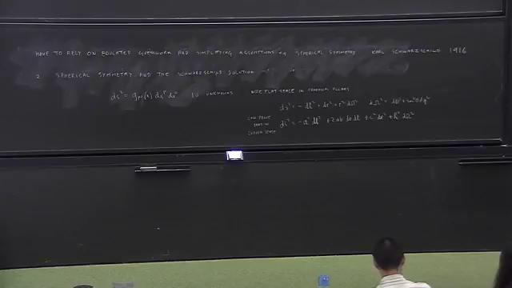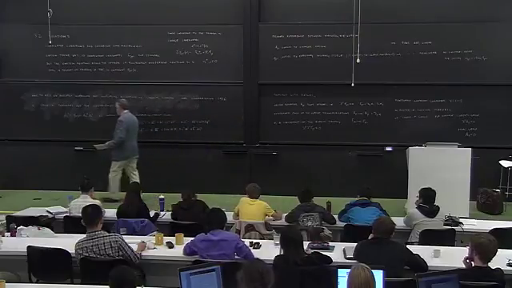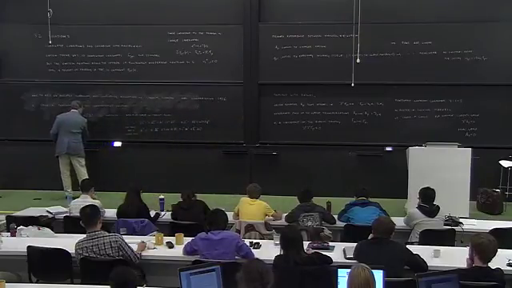You can show that that is the most general spherically symmetric line element, where A, B, C, and R are functions of R and T.